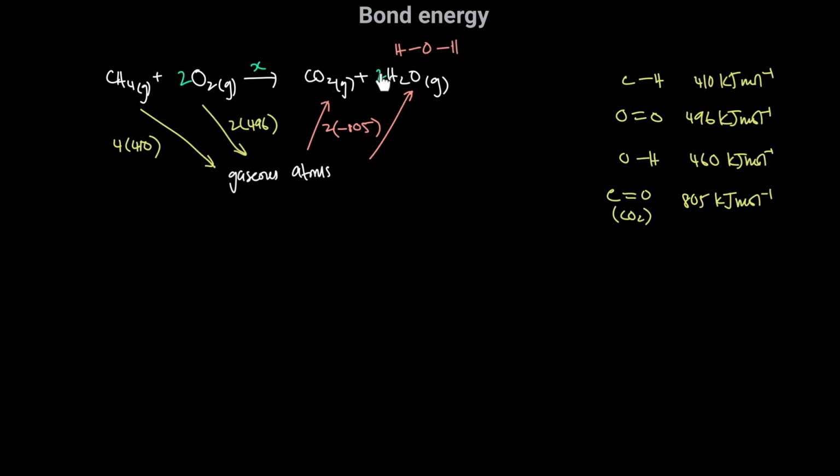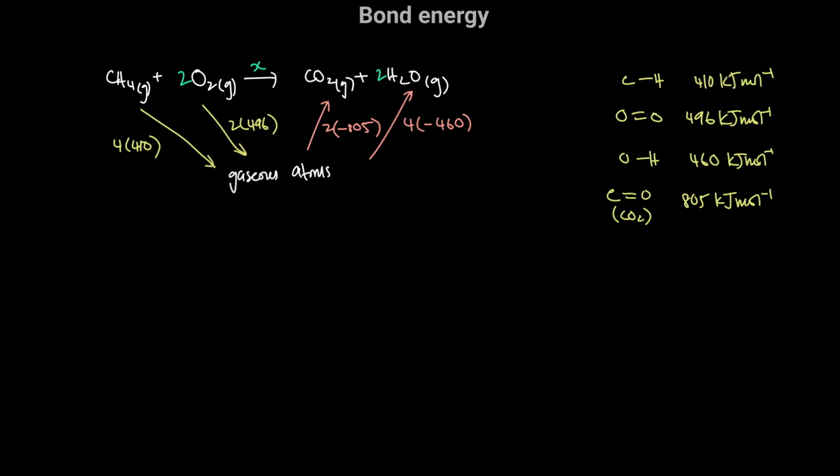So if we have 2 moles of water, we're going to have 4 moles of OH bonds. So this is going to be 4 times negative 460. Again, energy is being released when these bonds are being made. So negative 460 kilojoules per mole is the energy change when 1 mole of OH bonds is made. So it will be 4 times negative 460 because we have 4 moles.